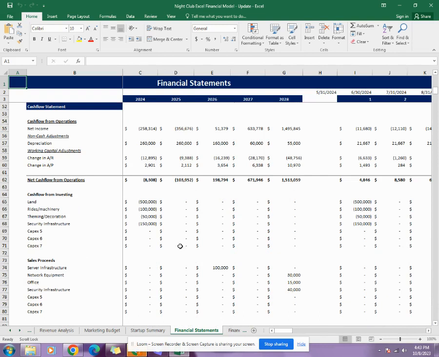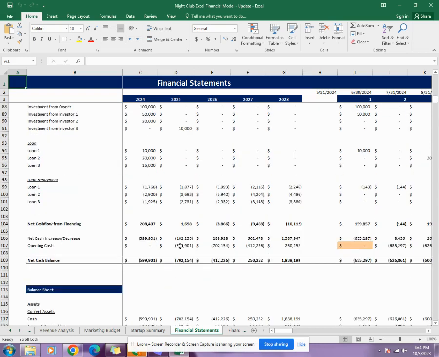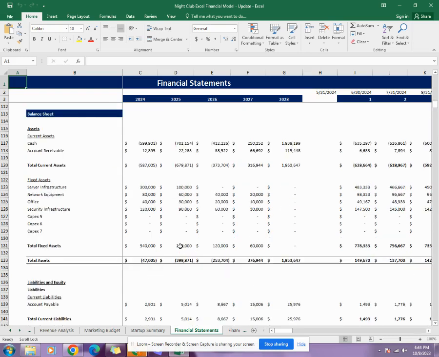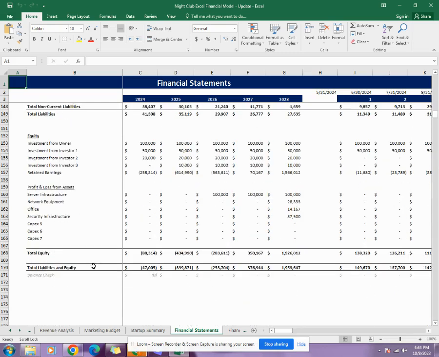The cash flow statement gives you the cash inflows and outflows of the business through its operating activities, investing activities, and financing activities. Then comes the balance sheet. The balance sheet gives you the total assets of the business and the total liabilities and equity of the business and compares them both with the total assets.